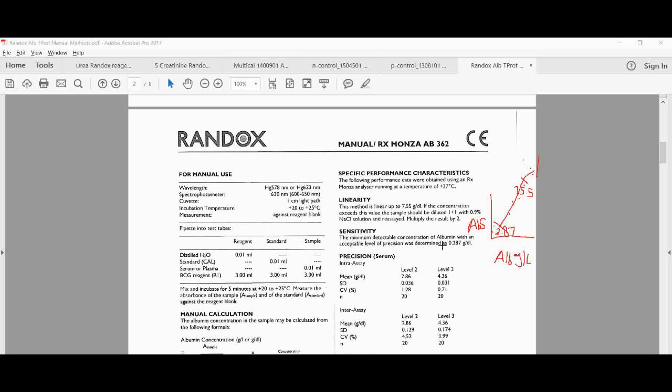Sometimes this method can detect way up here, maybe 90 grams per liter, but that just means that it can detect 90 grams per liter, but it doesn't mean that it is acceptable within that range.